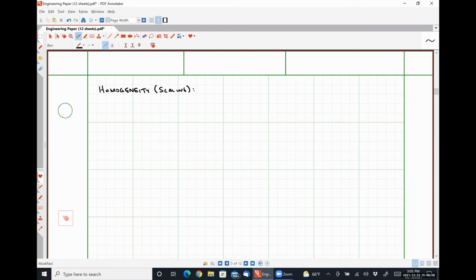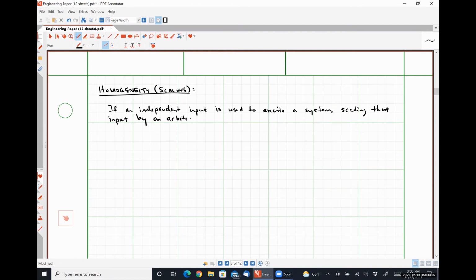So the homogeneity property says that if an independent input is used to excite a system, scaling that input by an arbitrary factor of alpha causes the output to scale by the same amount.